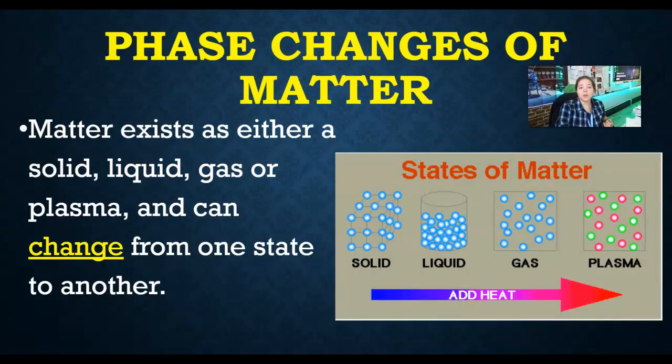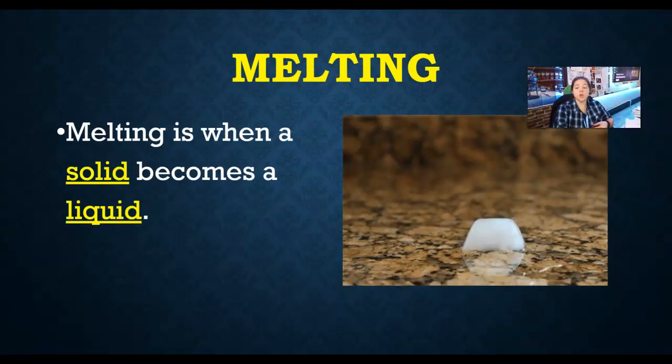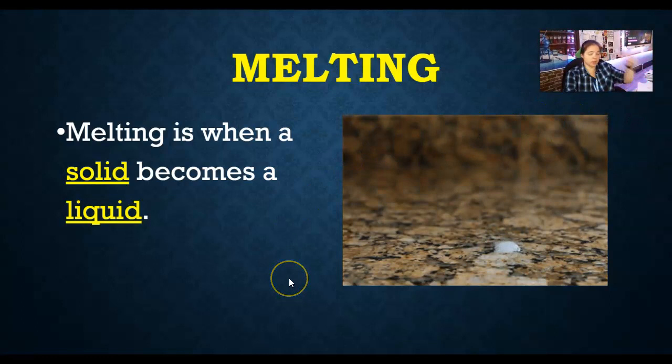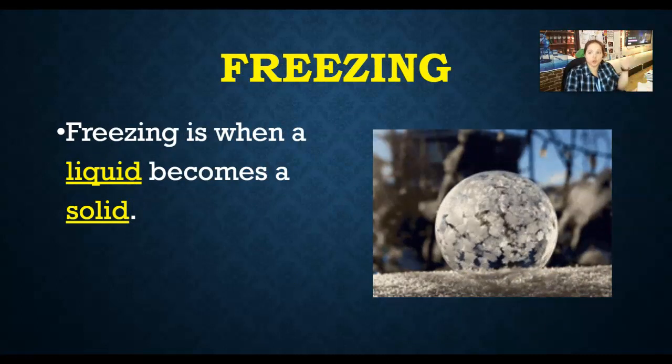All right, so phase change of matter. Matter exists as either a solid, liquid, gas, or plasma, and can change from one state to another with adding or subtracting of heat. For instance, the first thing we can do is melt it. Melting is when a solid becomes a liquid. It's usually when you apply temperature. Then you have freezing. You're doing the opposite.